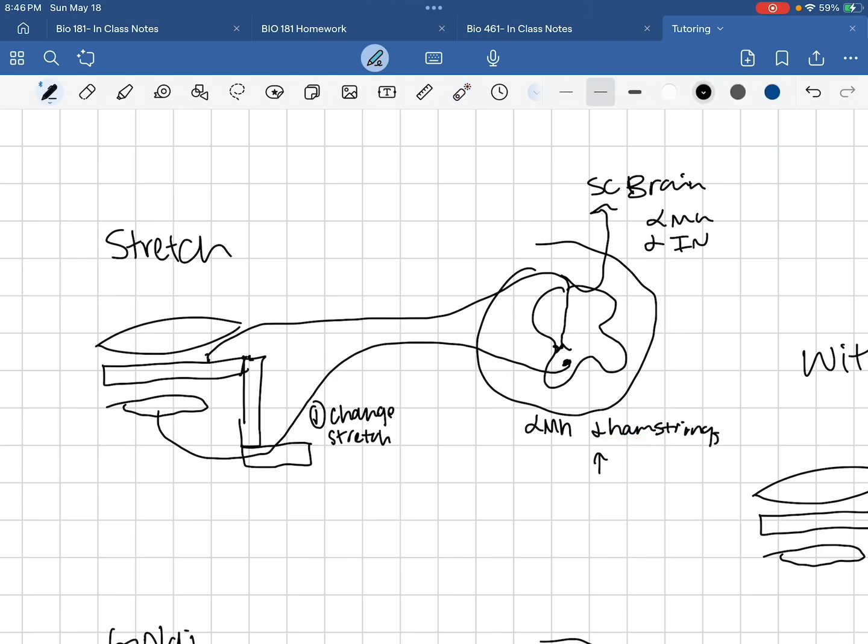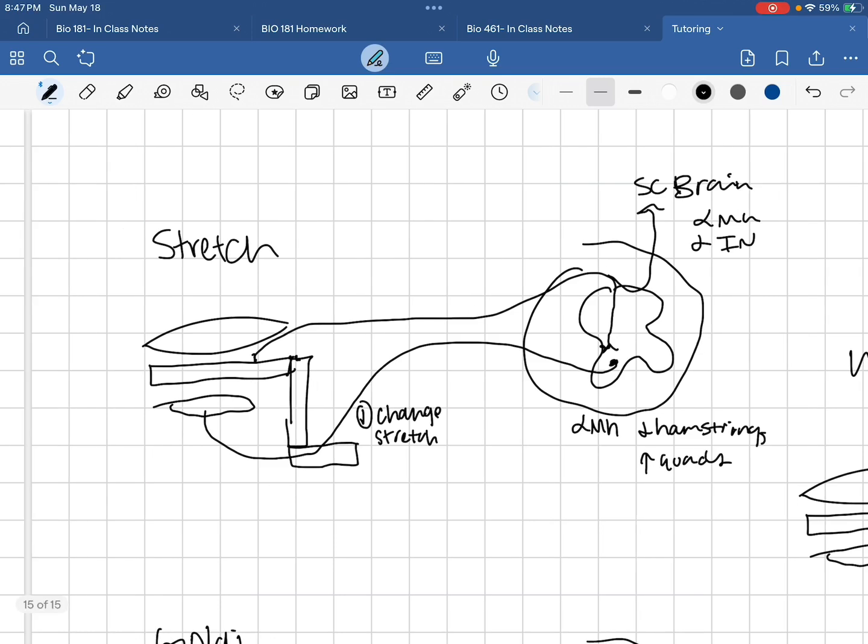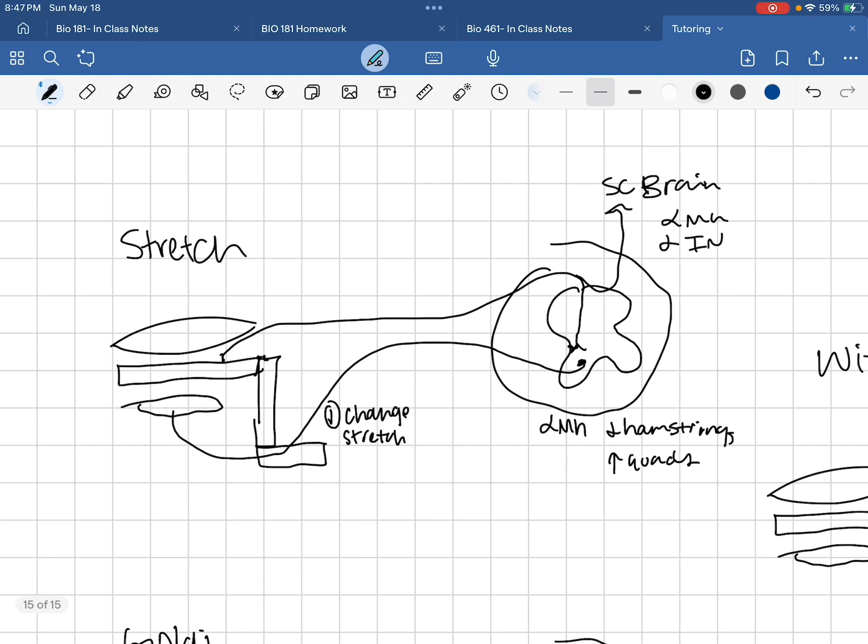So the quads are stimulated and contract so that you can balance yourself. They contract, these relax. That is the end goal of this stretch reflex.